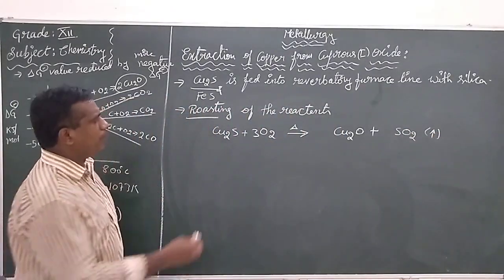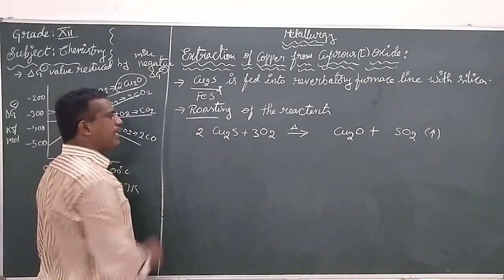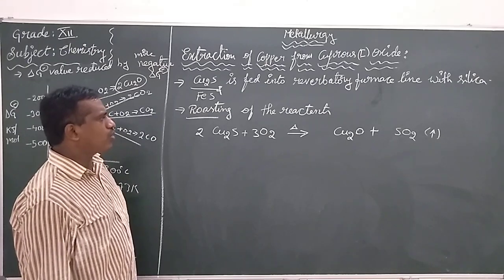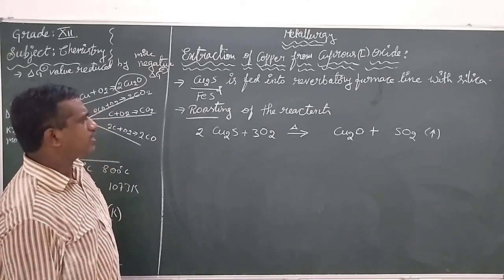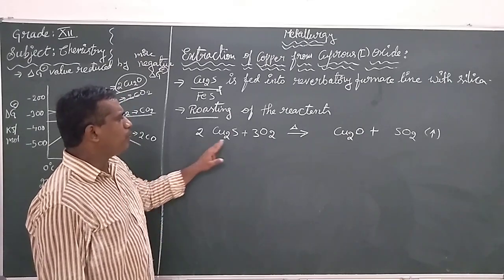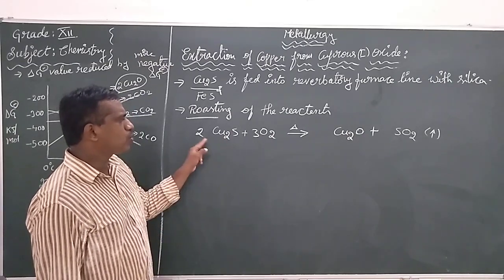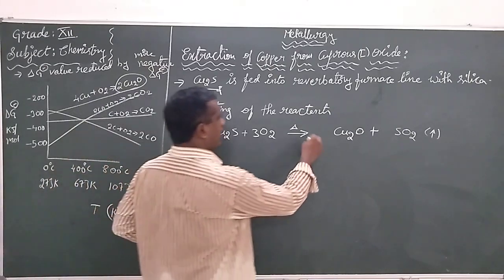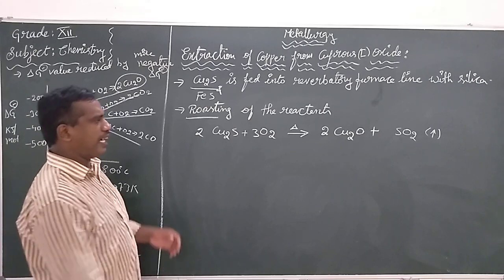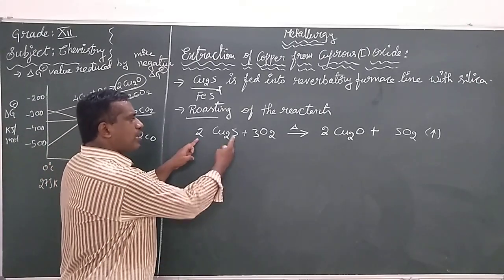For the purpose of balancing, we are bringing 2 moles of Cu2S. We can observe here how many moles we have totally? 2 moles of copper sulfide. So it is going to form 2 moles of copper oxide. There are 2 sulfurs here.